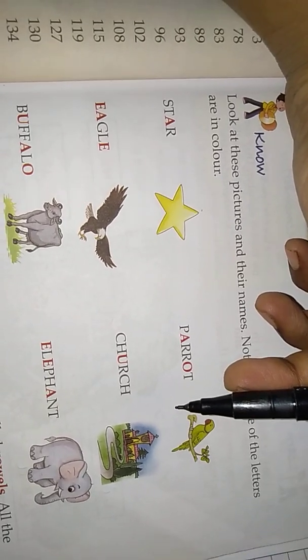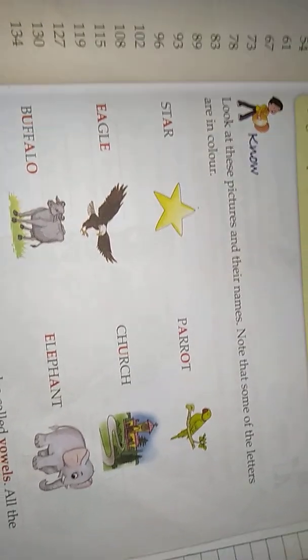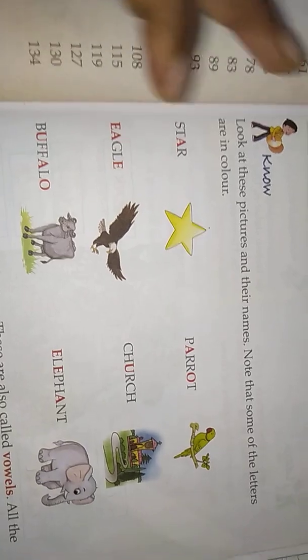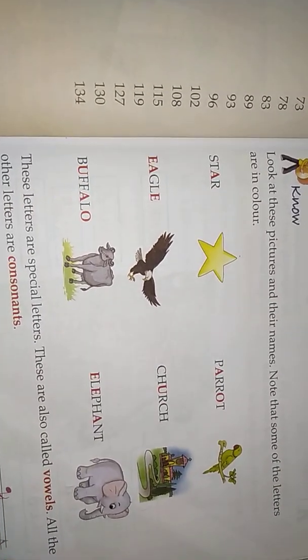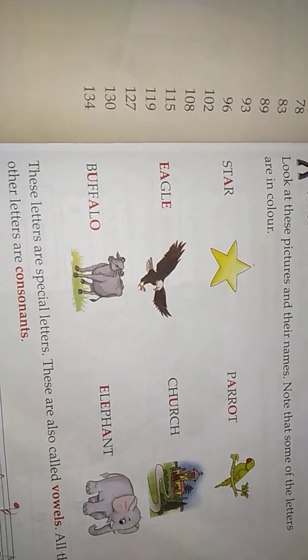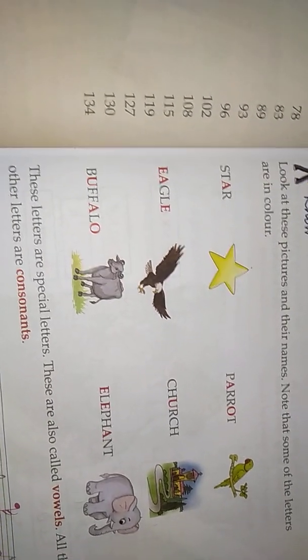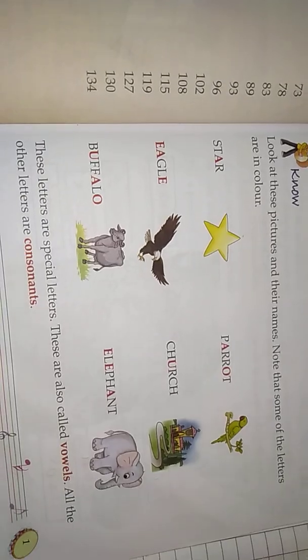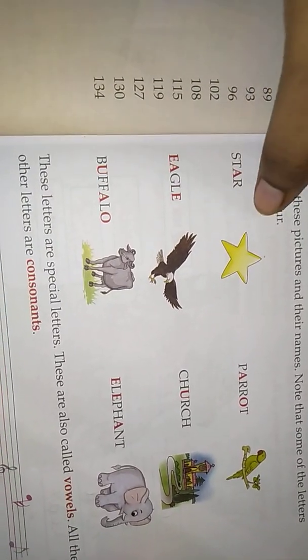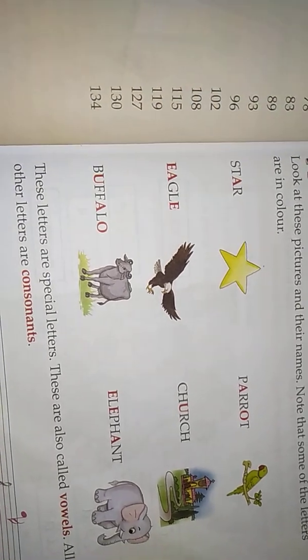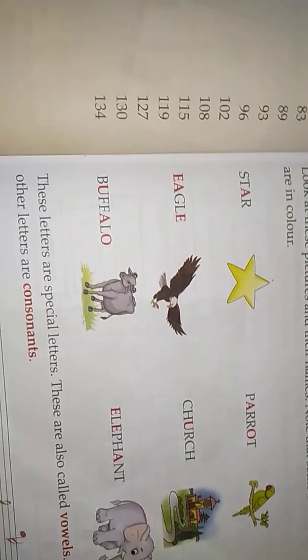Elephant. E, A are colored. Why are these letters colored? These are the special letters. These are called vowels. As you know, A, E, I, O, U are the vowels. All other letters are consonants. The letters which are not colored are the consonants, and the letters which are colored are the vowels.